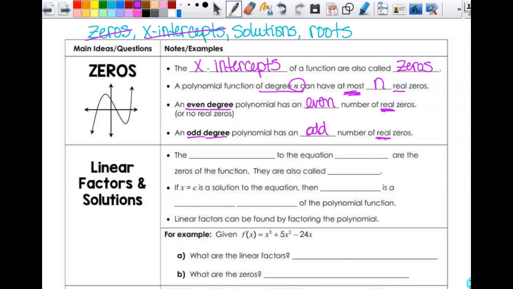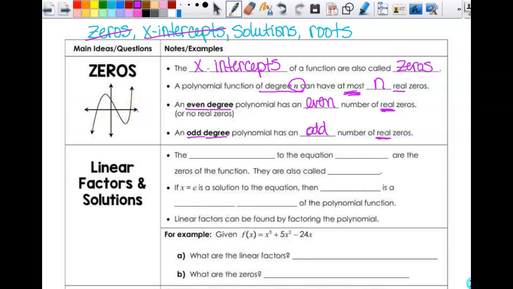Why do you think an even polynomial can have no real zeros, but an odd one can't? Yeah, I understand what you're saying. Because the odd goes in different directions, like this is negative and then positive. Odd has to have opposite end behavior, right? So whether it's up, down, or down, up, I'm going to have to cross the x-axis.